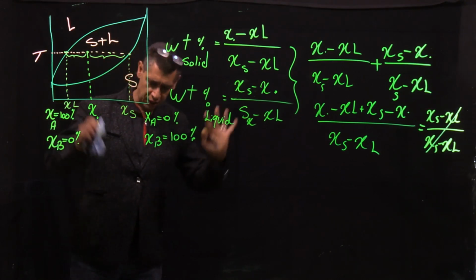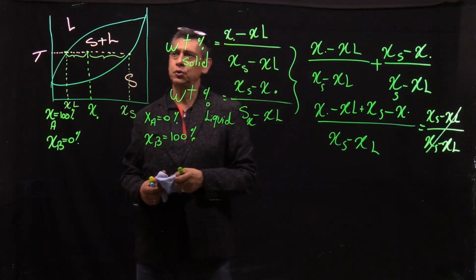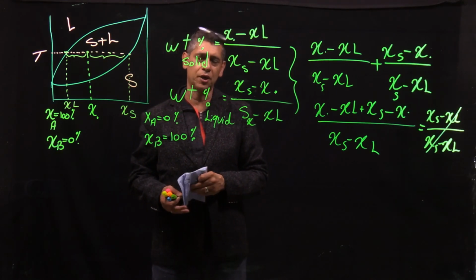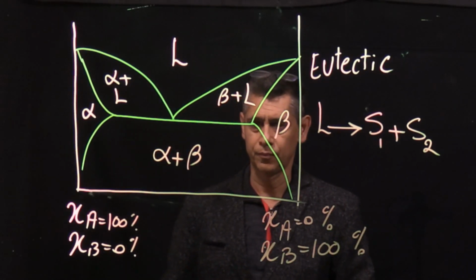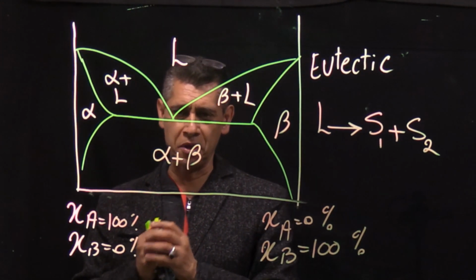So I hope this part is clear, and then we extend this to the next level, which is eutectic or eutectoid phase transformation. Now let's talk about the eutectic phase transformation.